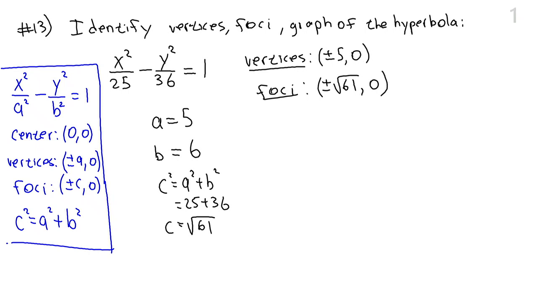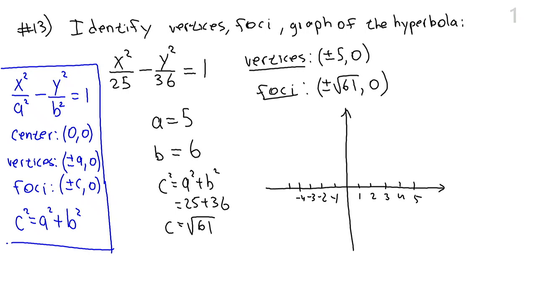And when we want to sketch this, remember the minus is in front of the y squared, so the two pieces of the hyperbola are going to be turned away from the y-axis. So we have 1, 2, 3, 4, 5. And first we plot the vertices, that's our starting point. We plot the vertices at plus or minus 5, comma 0.